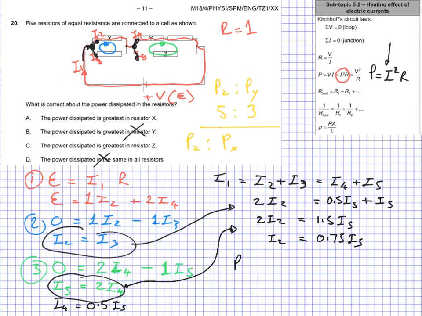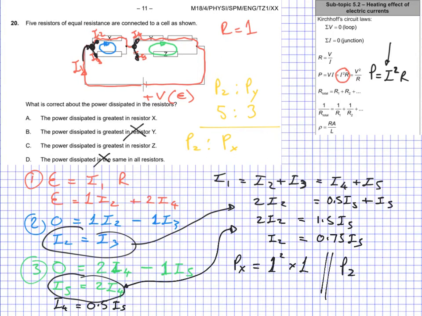So power dissipation for in current 2, which would be the power dissipation of resistor X, that's going to be equal to the current, which is going to be, in this case, just 1. So 1 squared, and then multiplied by the number of resistors, which is going to be 1. So it's just 1.